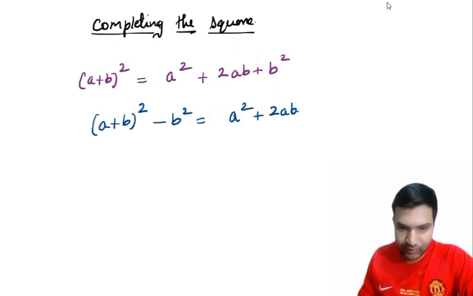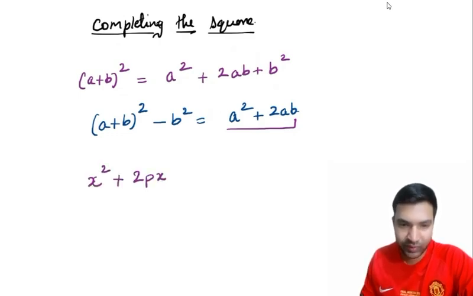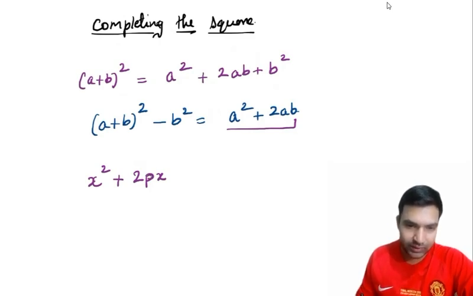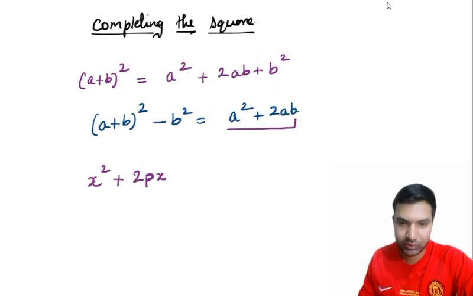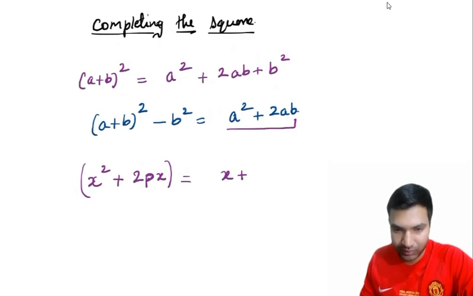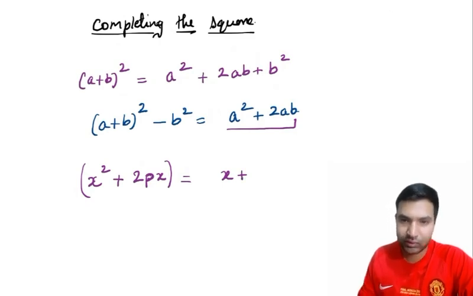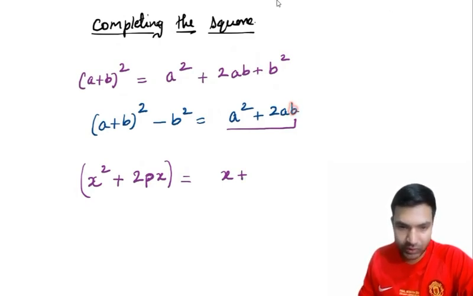So this form, you focus over here. If it is x squared plus 2px, so a is x, right? So in this form, I can simply write this as x plus, see here, if this is b over here, then what do we write? The coefficient of a basically is 2b.